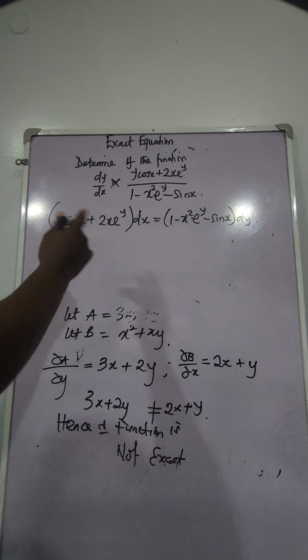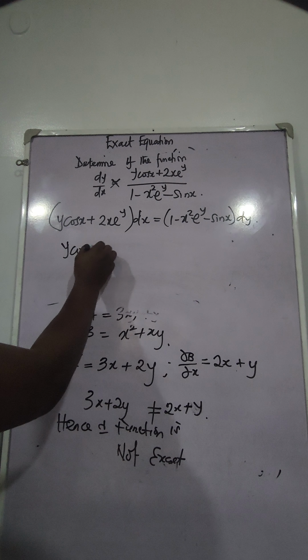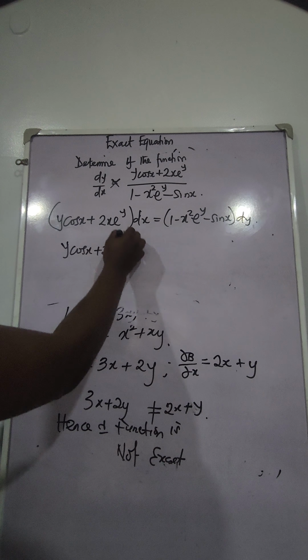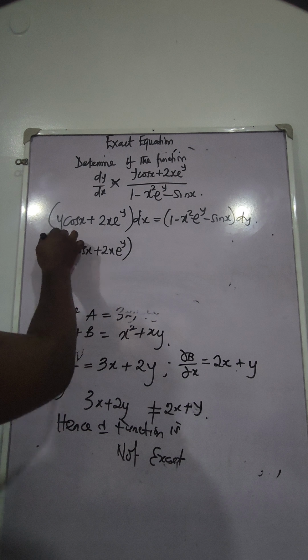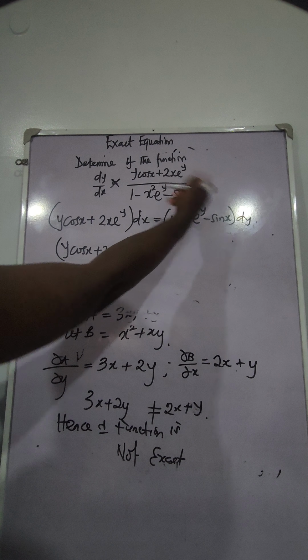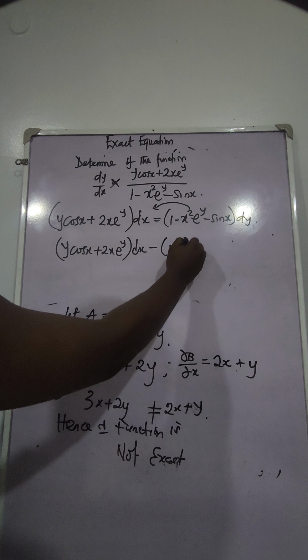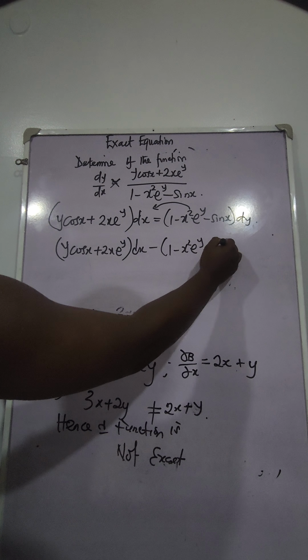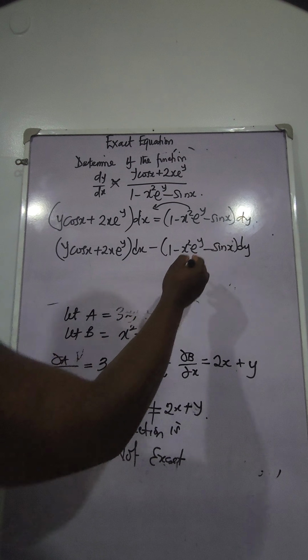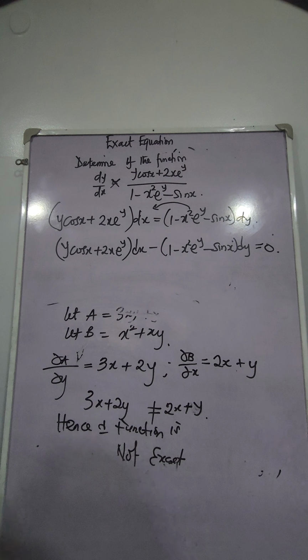So if you bring this in, you have (y cos x plus 2x e to the power of y) dx minus (1 minus x squared e to the power of y minus sine x) dy is equal to 0. If you continue on that same step, you should be able to solve that. So let me know what your answer is going to be.